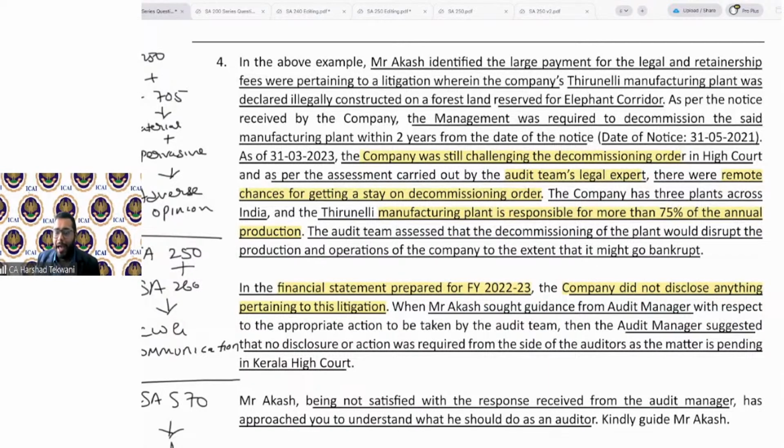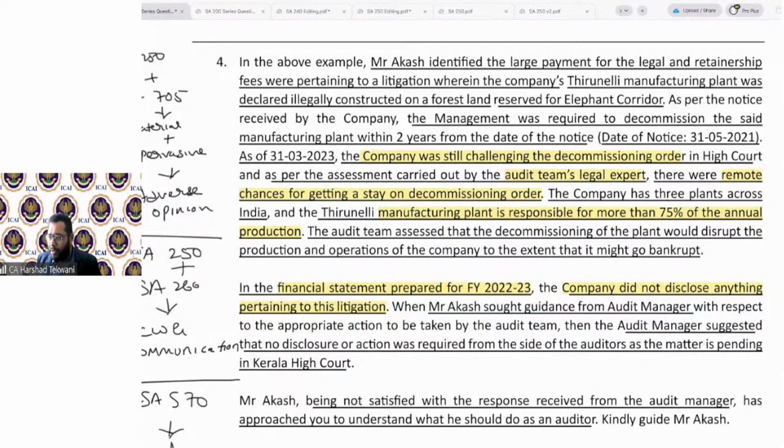So I cannot use emphasis of matter paragraph where there is a modification. I can only use emphasis of matter paragraph where there is no requirement to modify the opinion.